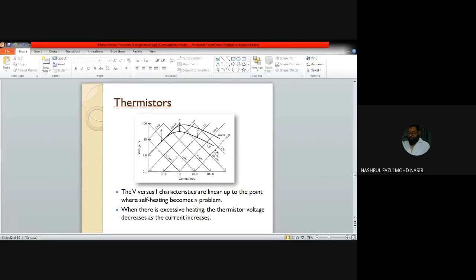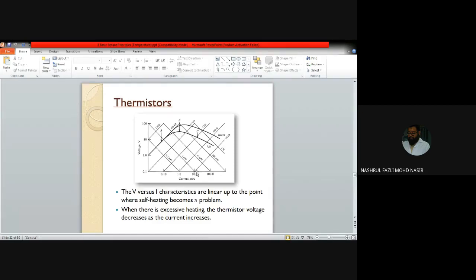I want you to look at this graph. You can see the linearity. At a certain point, it is not linear. When it is linear, then it is okay for you to use the thermistor.